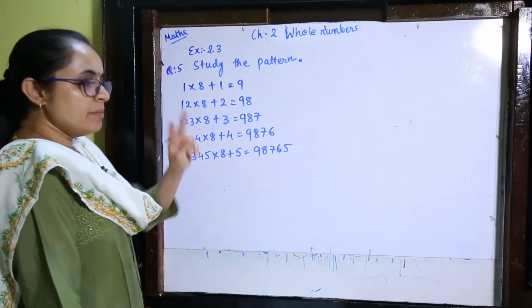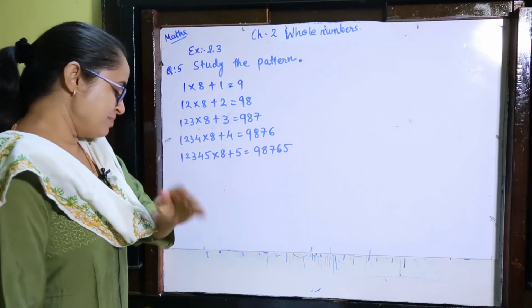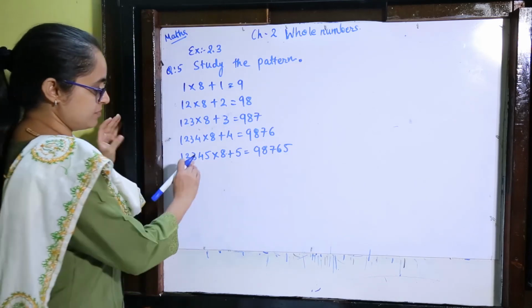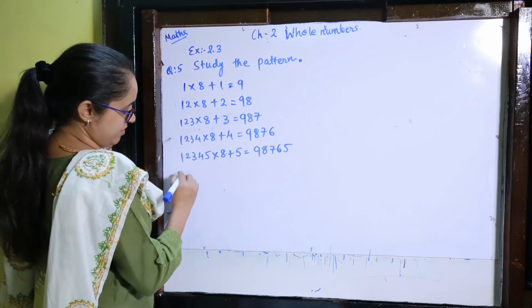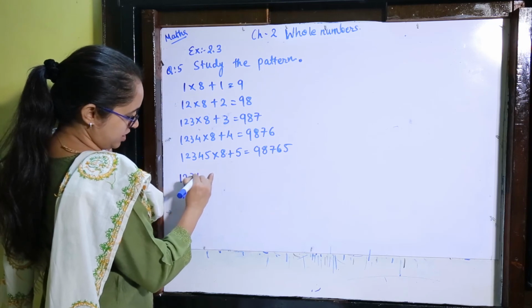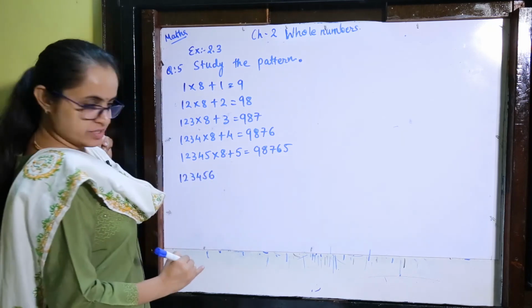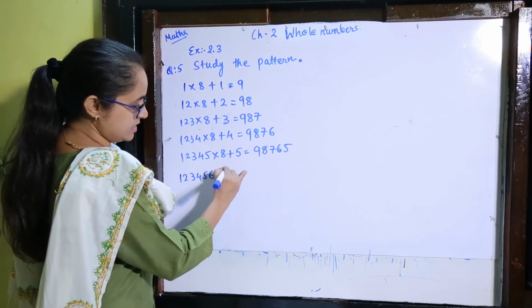Now in this we have to add only two steps. You have to add 2 steps. So now 1 2 3 4 5, so now what comes next? 1 2 3 4 5 6 will come. Correct? Multiply by 8 is as it is.